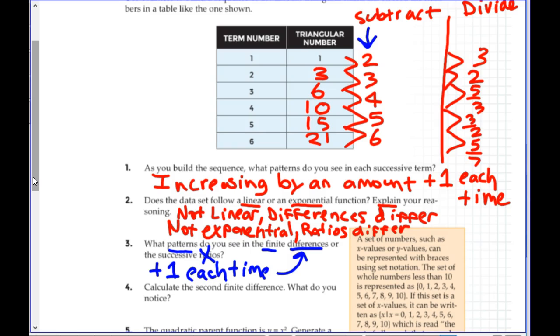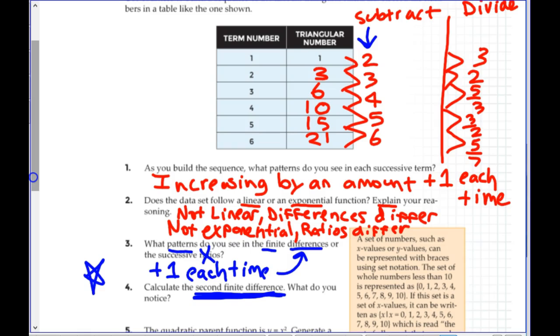Now, this is the new thing we're learning today. Maybe you learned this in Algebra 1, cool, but you got to know this. How do you tell if something is quadratic from a table? Notice number 4. I want you to underline this big time. Everyone's heads up. So, calculate the second finite difference. Big underline. That's super important.